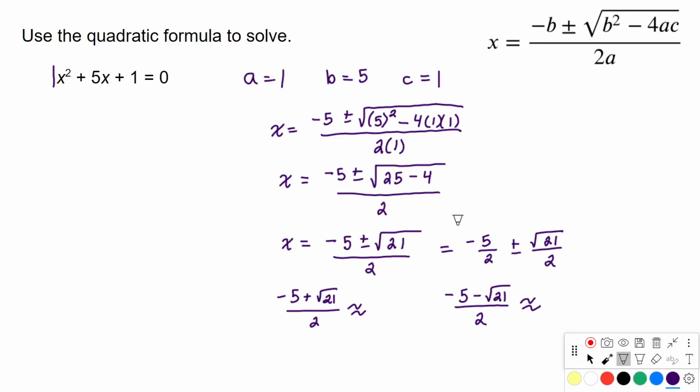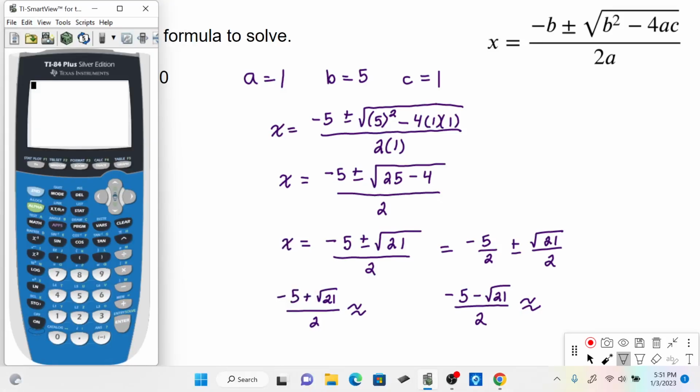So these two forms that I have first, those are considered to be exact answers, exact roots. What I'm going to find now, using my calculator, is going to be the approximate answer.